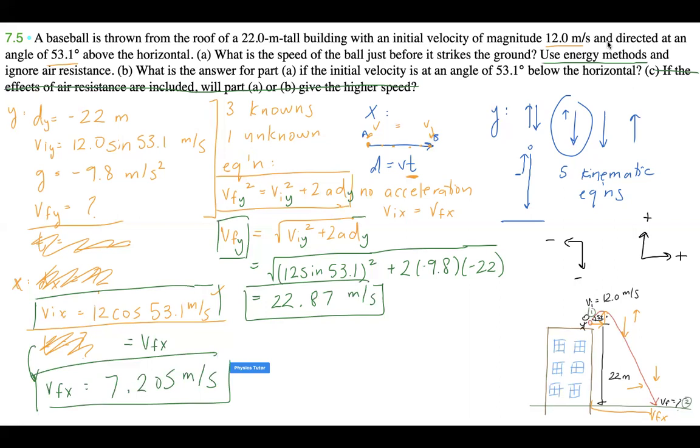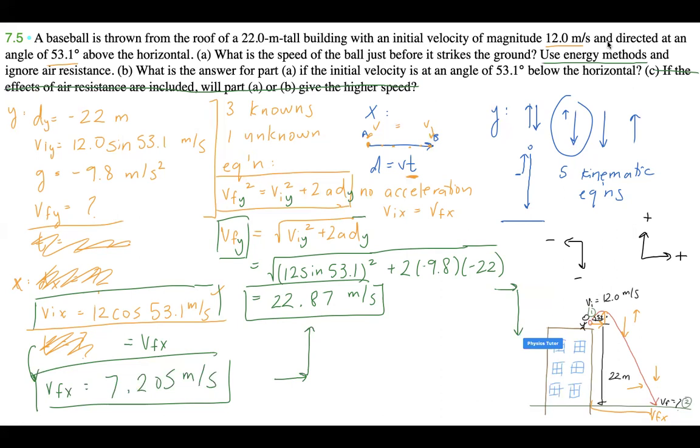So we see that VF, so VFX, in the X direction, we have this speed, and in the Y direction it's 22.87, correct? So it's something like this. Well, actually, it's something like this, right?